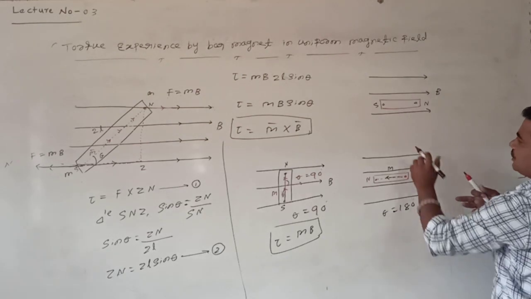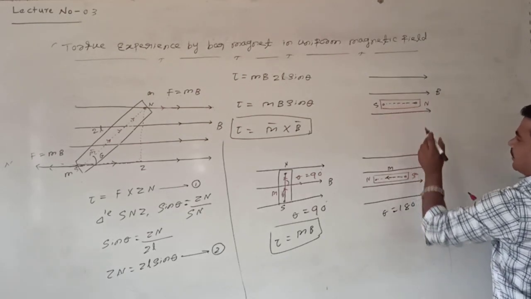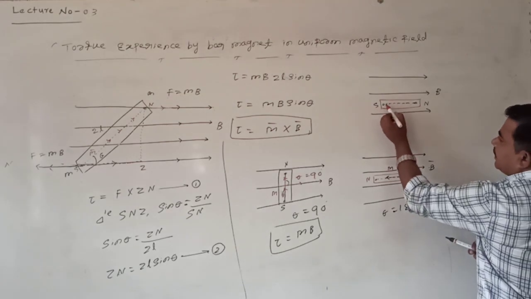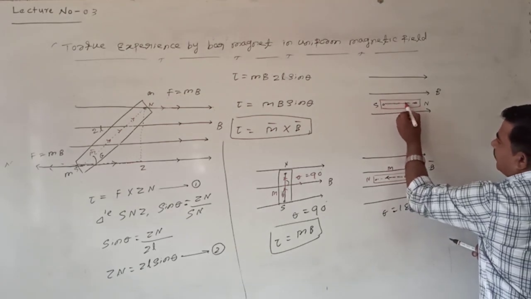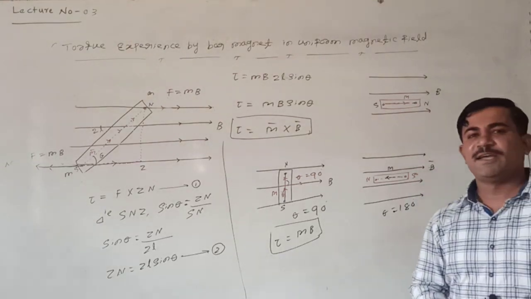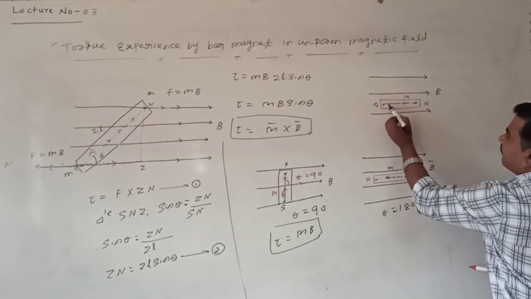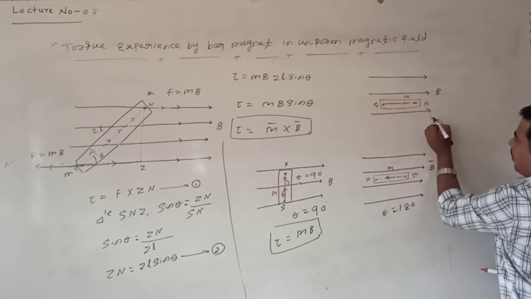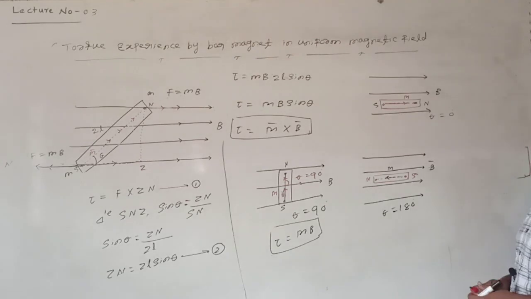The imaginary line joining the north pole to the south pole we call the magnetic dipole length. In this case, the magnetic dipole moment is from south pole to north pole. The angle between the magnetic dipole moment and magnetic field is 0 degrees.